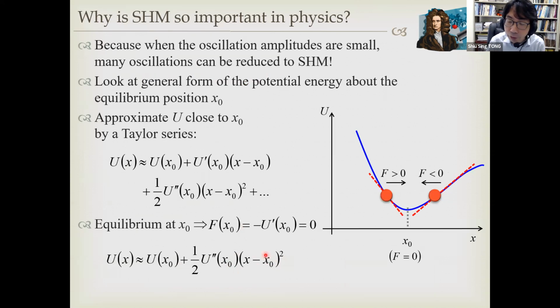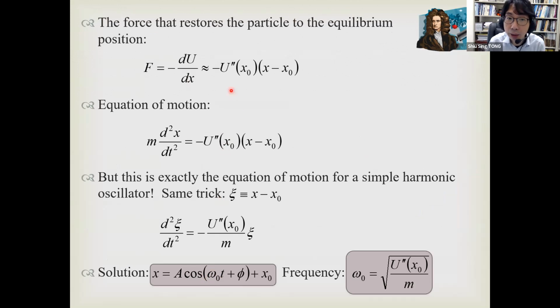This term, if I differentiate it, I get 2(x minus x0). The 2 cancels with the one half, and I get the force as minus U double prime (x0) times (x minus x0). Now, the equation of motion becomes what? The net force equals m d squared x over dt squared, right?